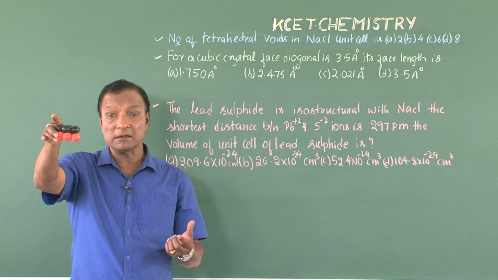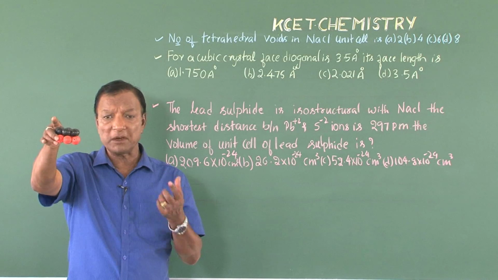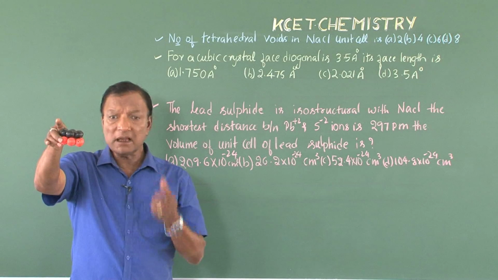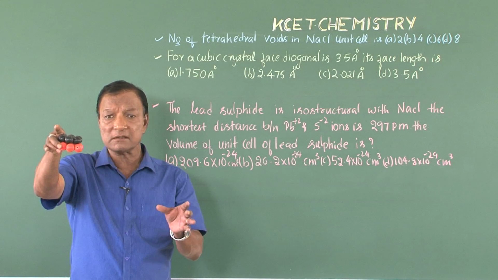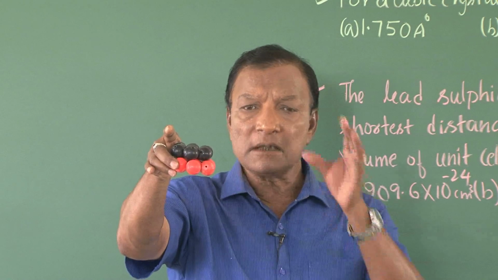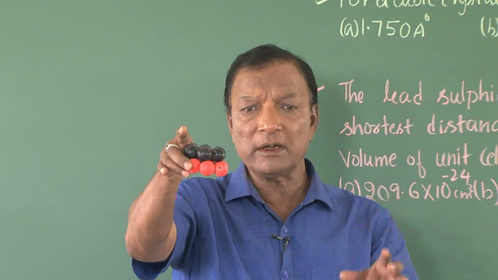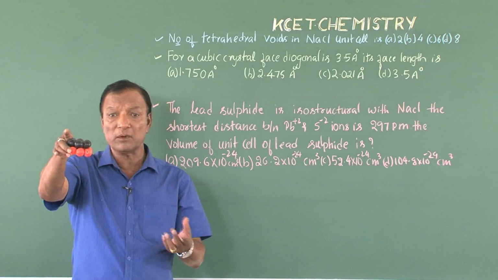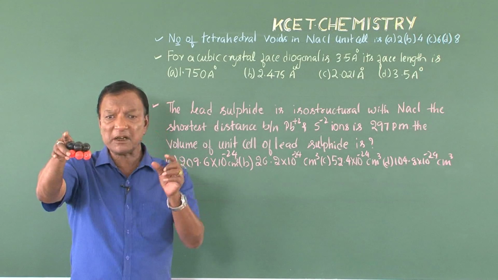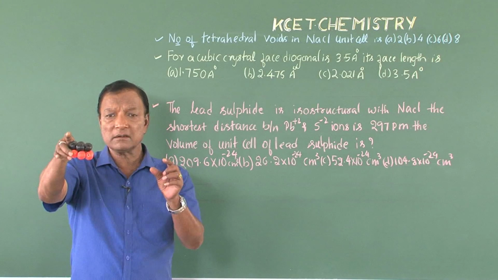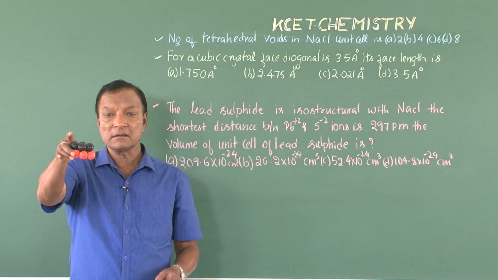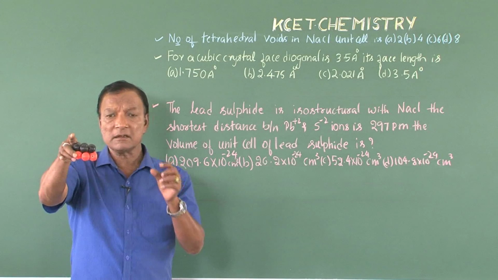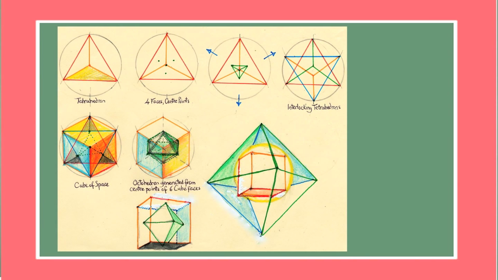In that, the particle of the upper layer will be holding the triangular depression of the lower layer. And when this depression is occupied with the upper layer sphere, an empty space is created. This empty space is called a tetrahedral void. Something appears this way.